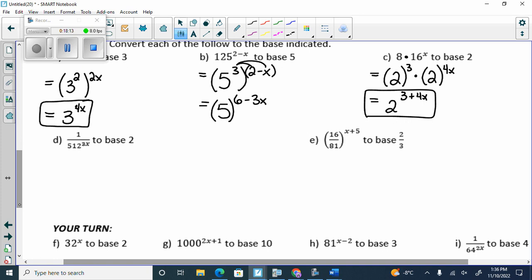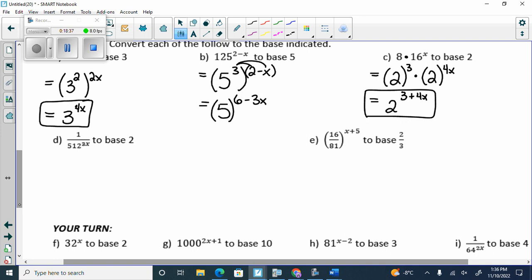This one I have 1 over 512 to the 3x. I don't like dealing with exponents unless I'm forced to. Is there any way I can make that be 512 and not 1 over 512? Remember I told you every fraction is just a number to a negative exponent, is it not? So like a quarter is 4 to the negative 1. A half is 2 to the negative 1.